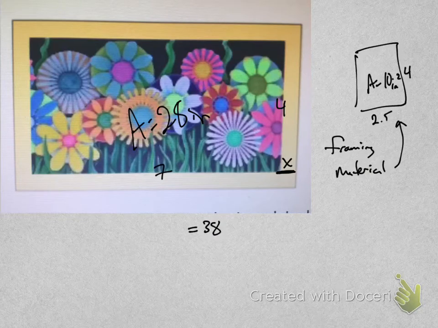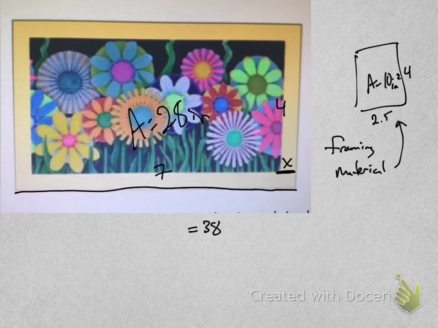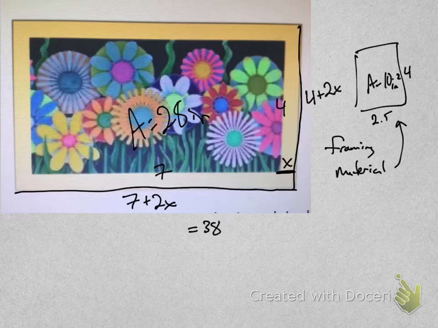So if area is base times height, I need this base, and that base is 7 plus 2x, because I have 7 of the picture and x on the width of the frame on both sides, which I don't know. Which means the height is 4 plus 2x: 4 plus unknown plus unknown.